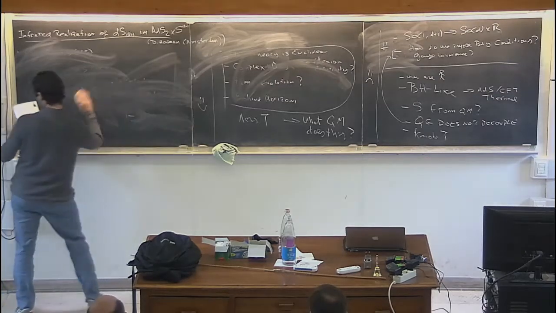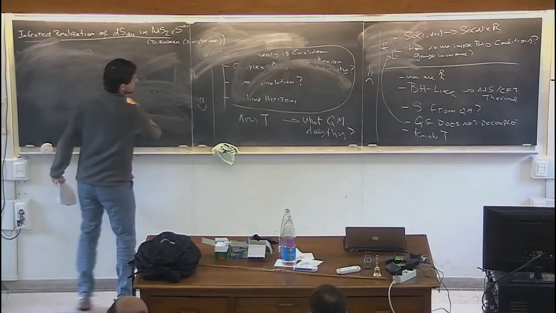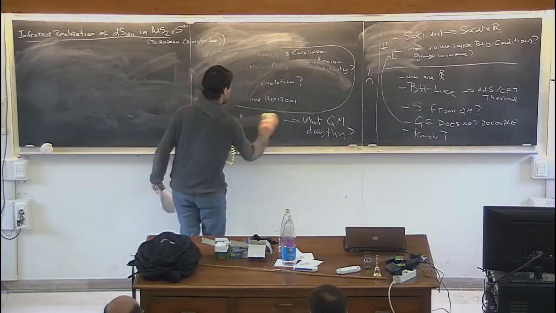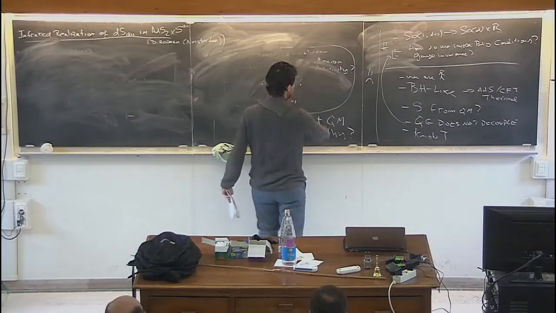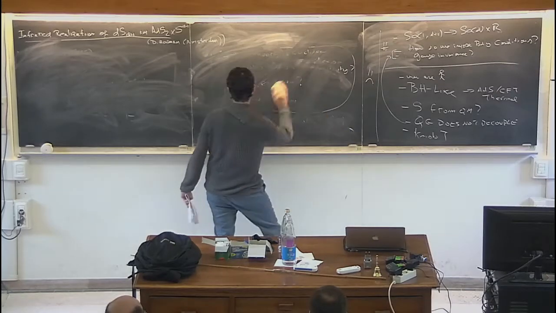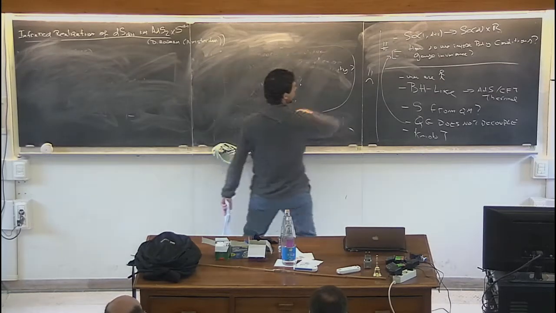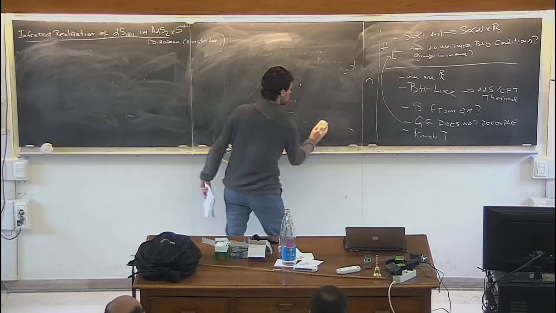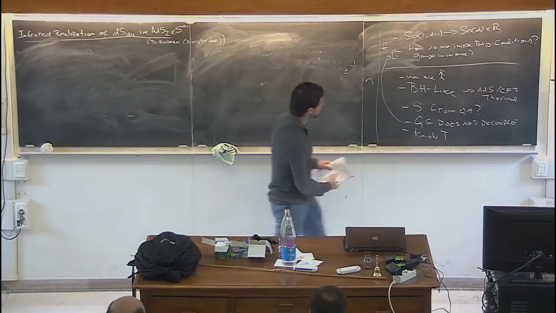Now the question is, how can we understand this static patch quantum mechanics? And how can we get a handle on it? Maybe there's some work in progress where we try to understand a bit more these quantum gravity features. Let me just say one more thing.